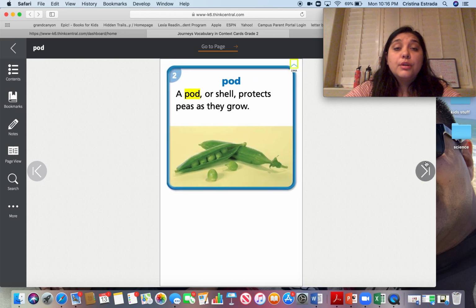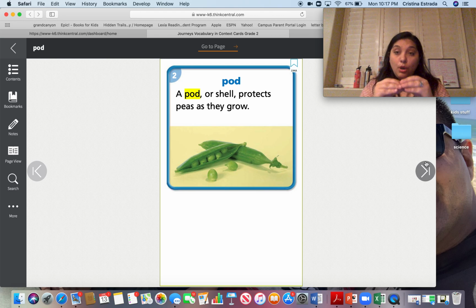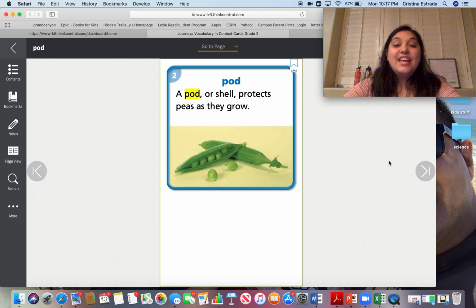The next vocabulary word that you have is a pod. And a pod is what is on the outside. It's the shell that covers a seed. So if you look at this sentence, it says a pod or a shell protects peas as they grow. So a vegetable that has a pod would be, I'm sorry, would be peas, and they show it on the picture right here.